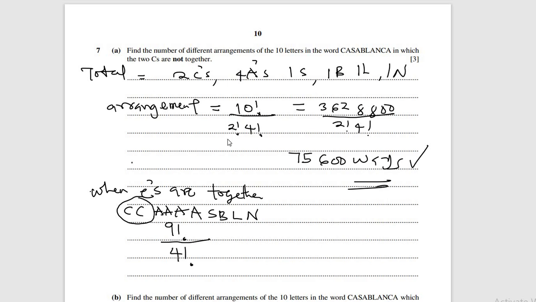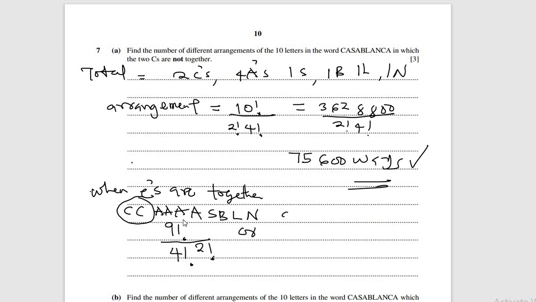Now, the 2 C's can interchange like this, so you can also have 2 factorial.